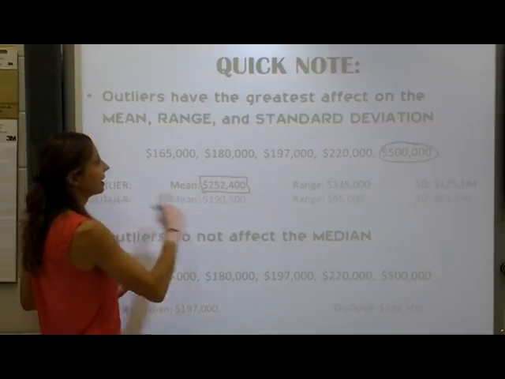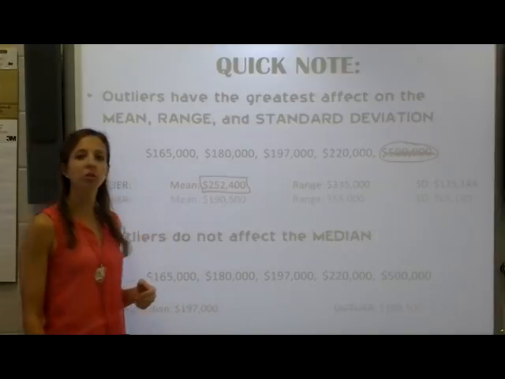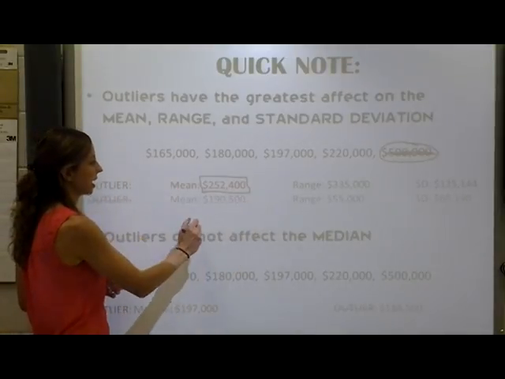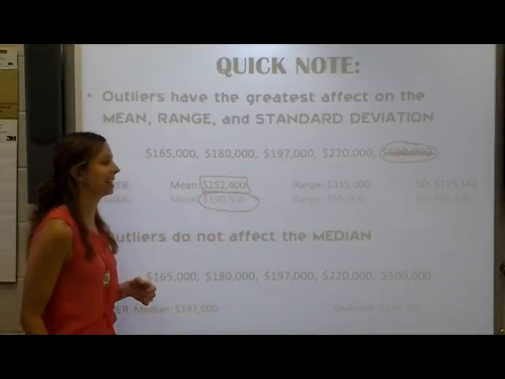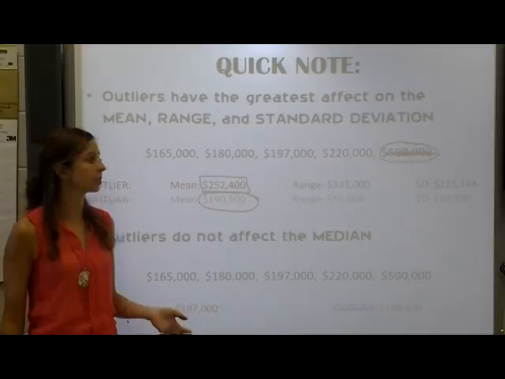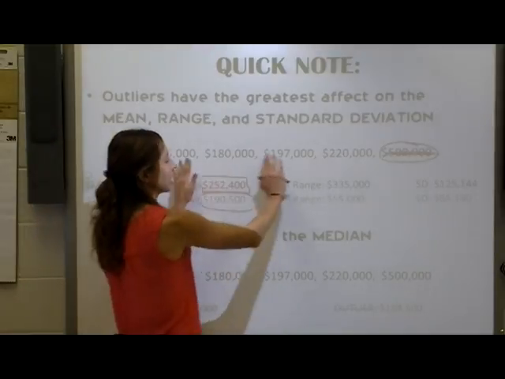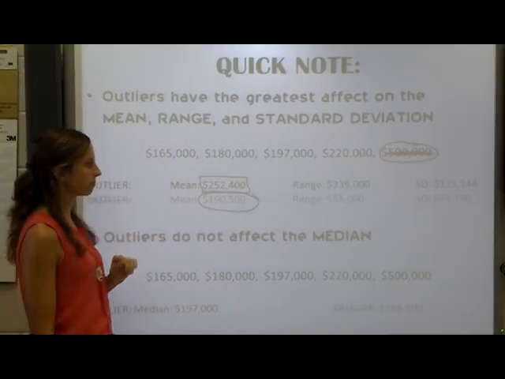So if we eliminate this number, because it skews our data, and now we collect all this information again, we find that the mean this time is $190,500, which is a much better representation of the homes selling in that neighborhood.